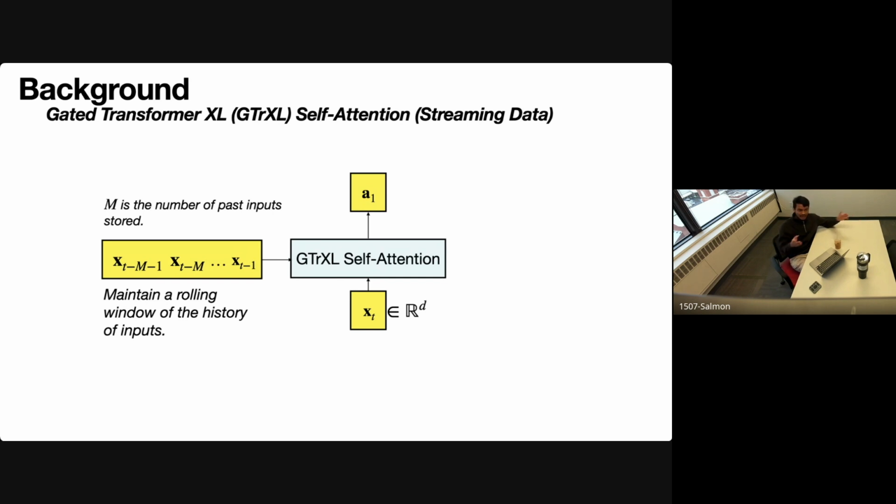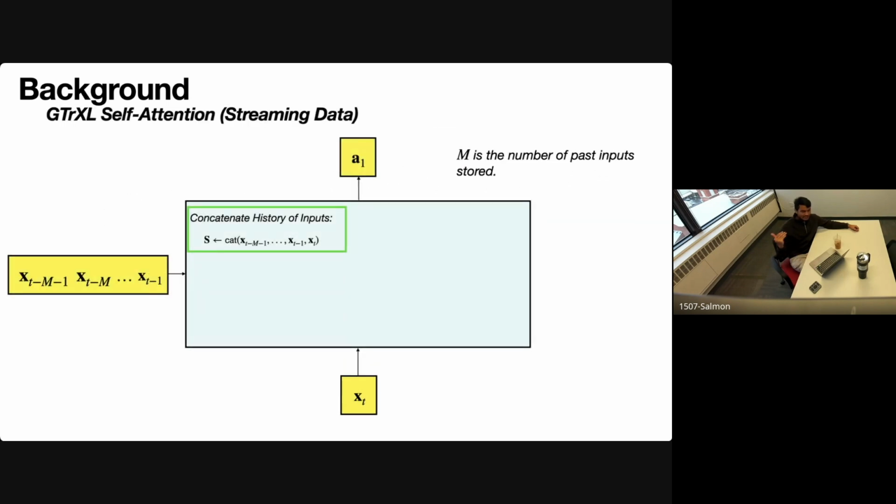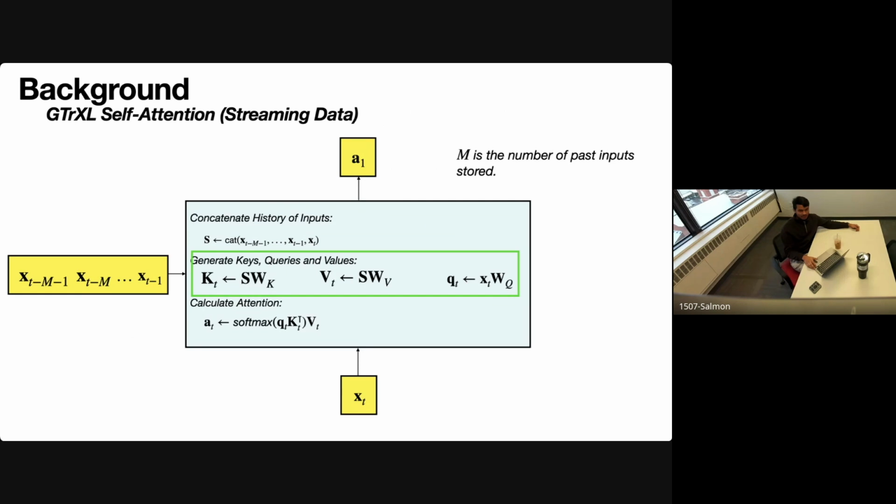So we maintain the last M inputs along with the current input at the current time step to calculate the self-attention. We concatenate the current time step's input with the history of the past inputs and use that to calculate the self-attention output.